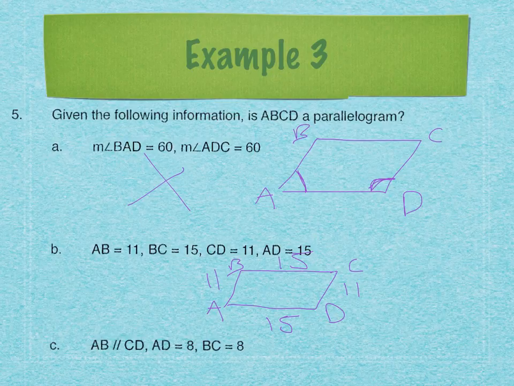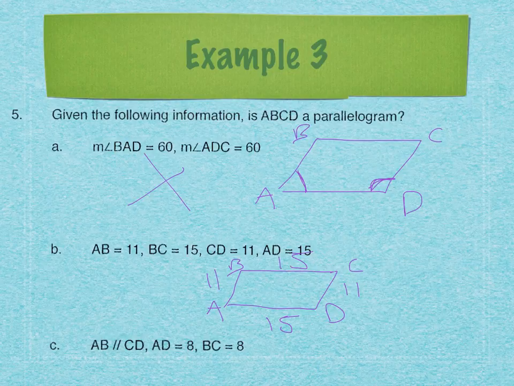You have two pairs that are congruent. What are those pairs as far as their relationship to each other? Are they opposite each other or consecutive, next to each other? They're opposite. That opposite piece is important, because if I have two adjacent pairs, then I have a kite, and not all kites are parallelograms.